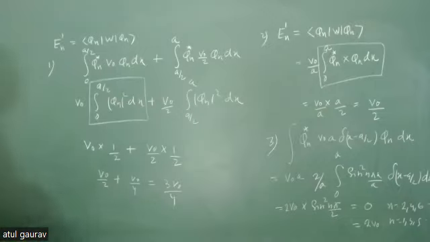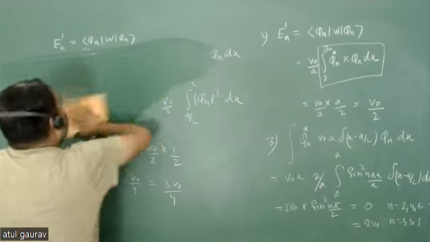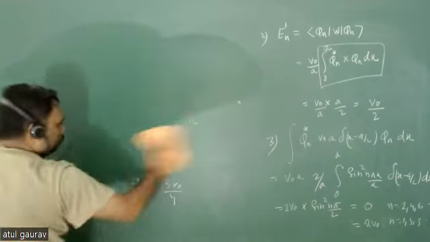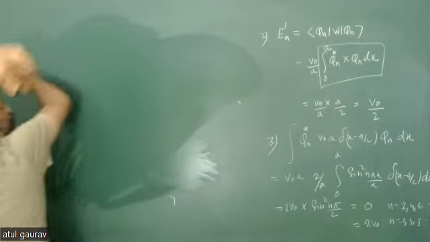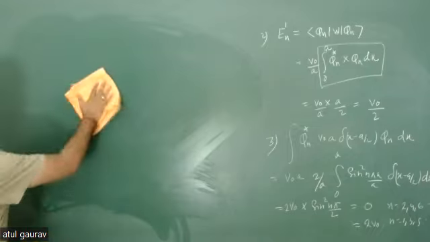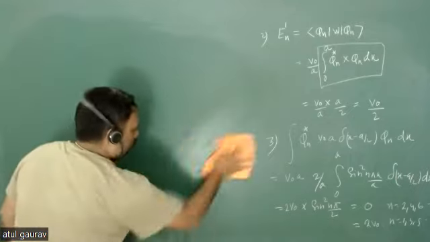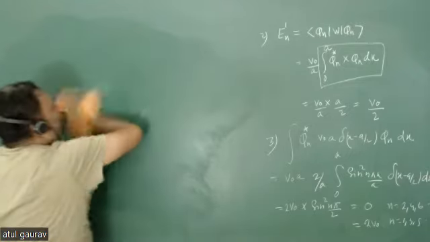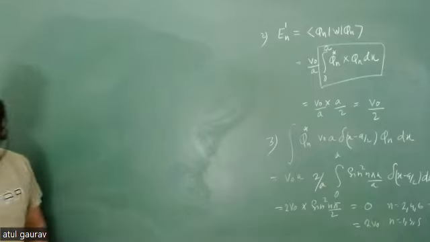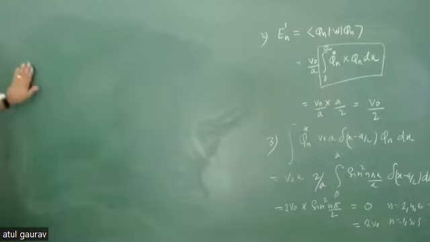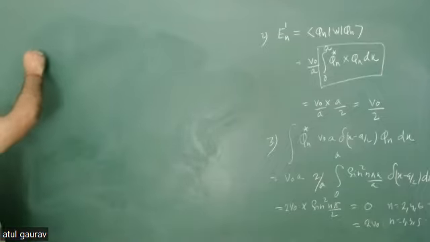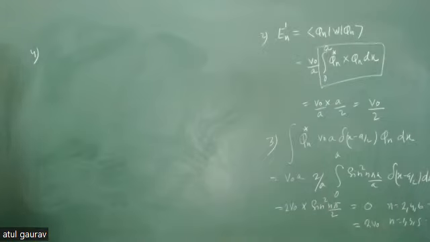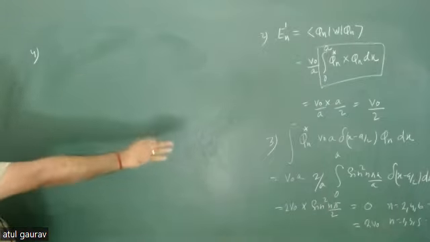Okay. Let's go for the fourth one. So the fourth one is, what did we have, delta x minus a by 4, right?